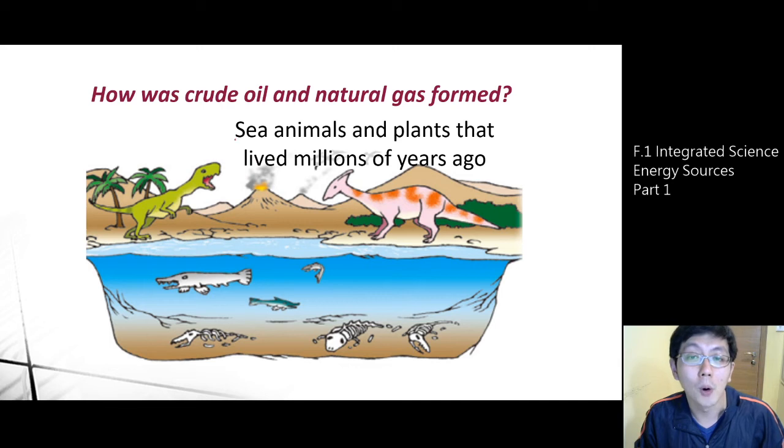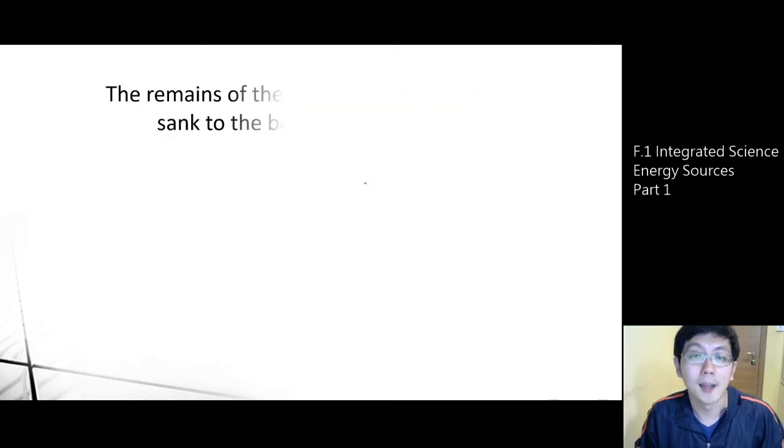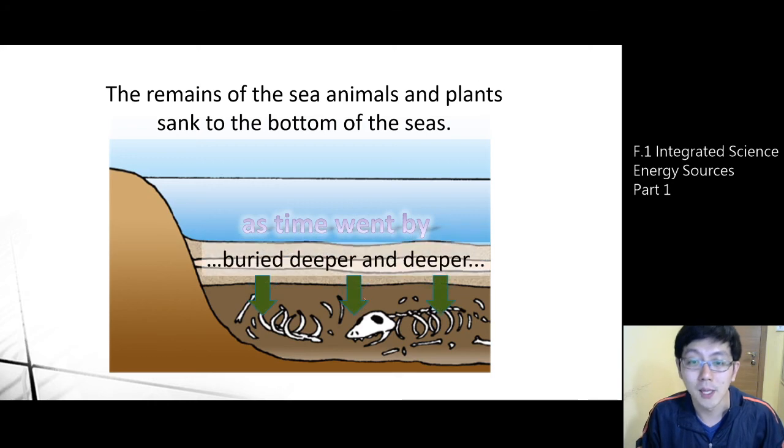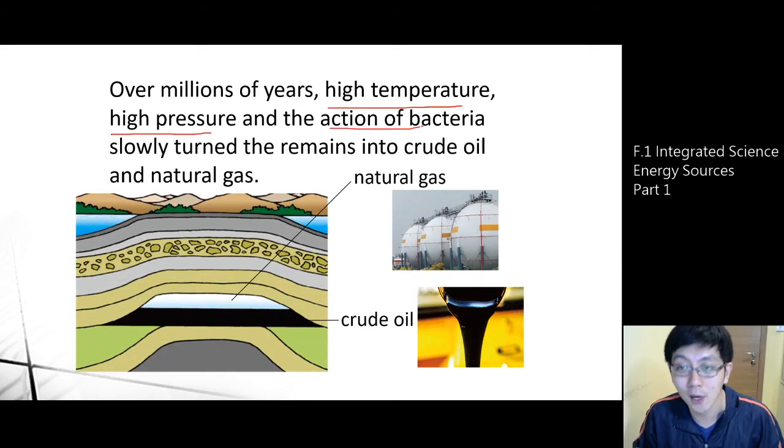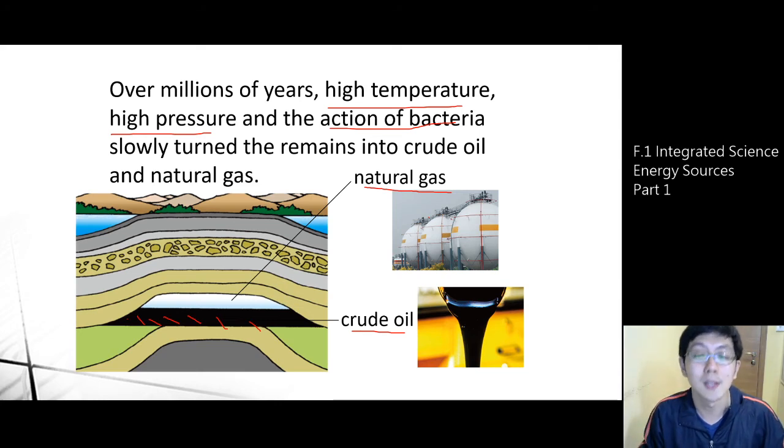This time, we have also sea animals and plants, 喺海洋嘅動植物。So when they die, again, they will sink to the bottom of the sea, buried by the sand or mud, and again, under the effect of high temperature, pressure, and the action of bacteria, they are turned into natural gas and crude oil. If the substance produced is in liquid form, it is called crude oil. Some of the substance produced is in gas form, called natural gas. So usually they are found nearby each other.